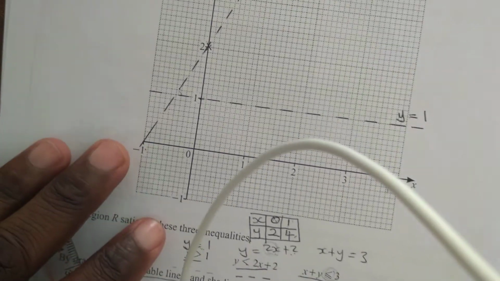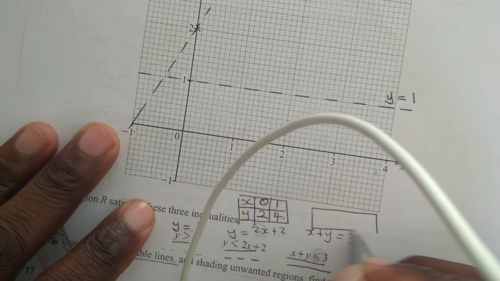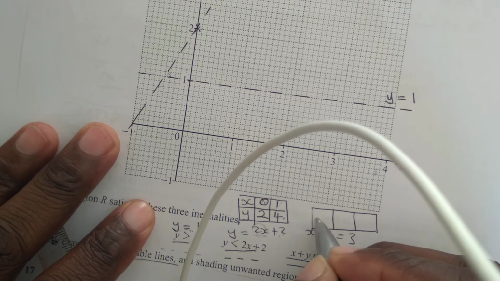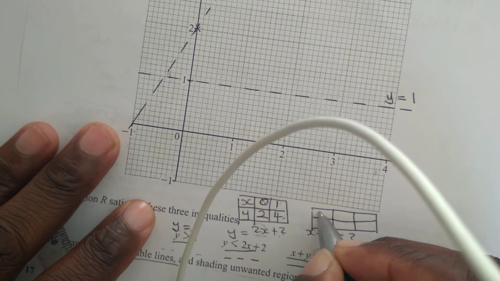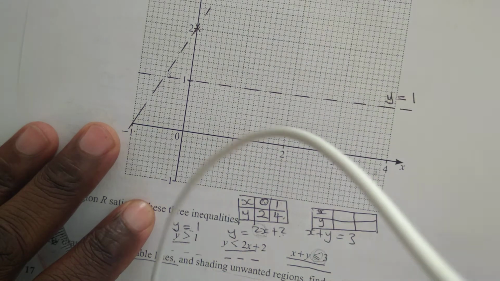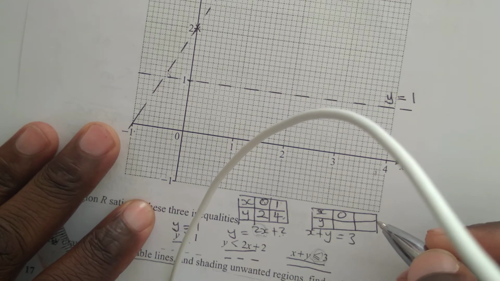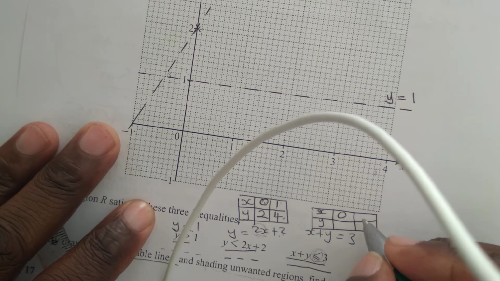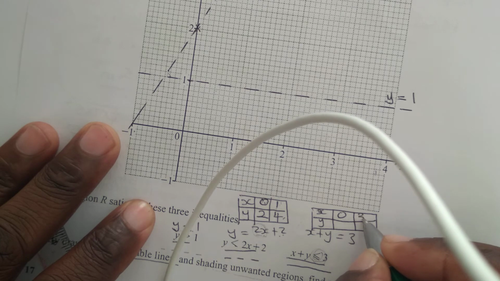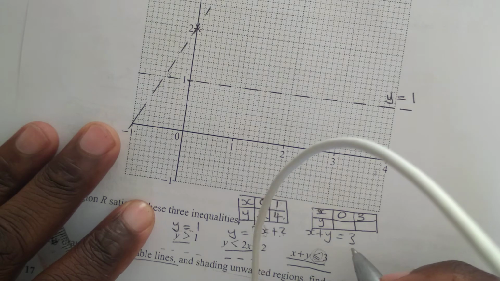Finally, I need to draw a line for this one. So let me go ahead and create a table of values. We have x and y. When x is 0 and when y is 0, I want to find the other values.